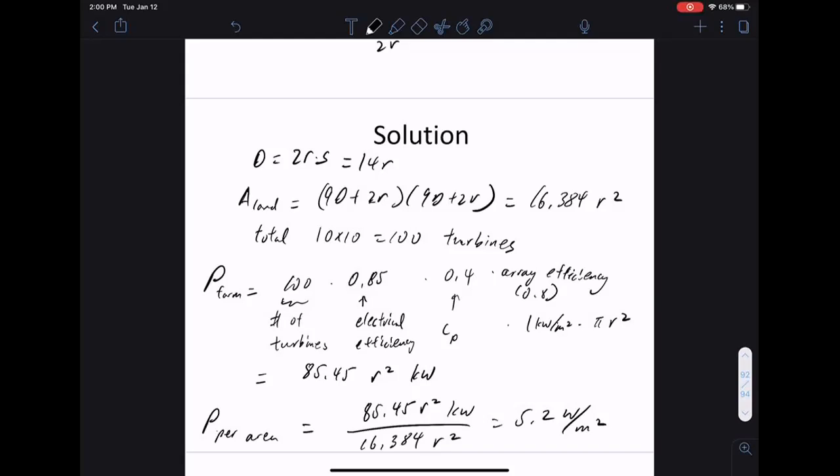If you see this in the homework or the exam, I will tell you what the array efficiency is. You don't have to eyeball it off that graph. Since we're all doing this together, we're just going to eyeball it. Okay, any other questions?